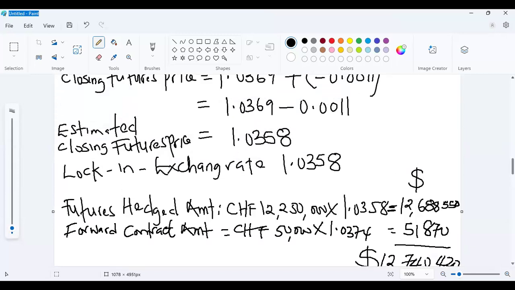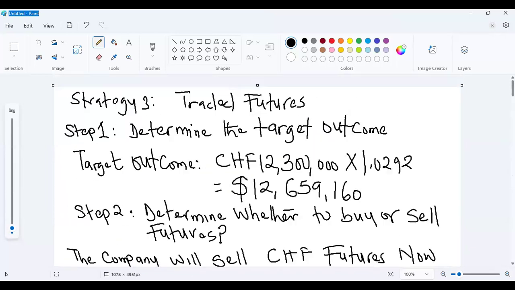The expected receipt is the under receipt. If you compute in step 5 and you receive less than 12,659,160, that means you have a problem in your calculation.